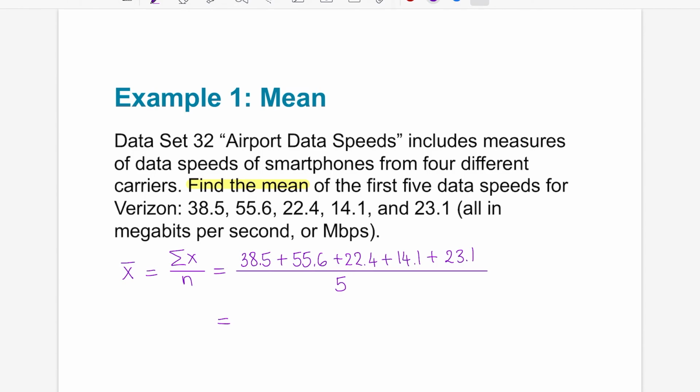So the sum of all of my data values equals 153.7, divided by 5, and it's equal to 30.74. And the mean will have the same unit as the original data.